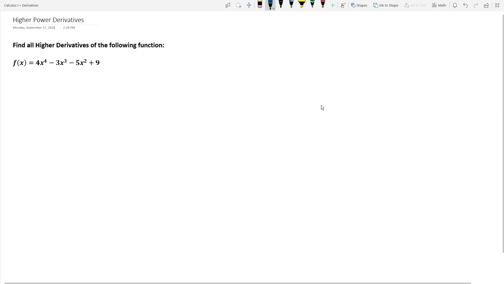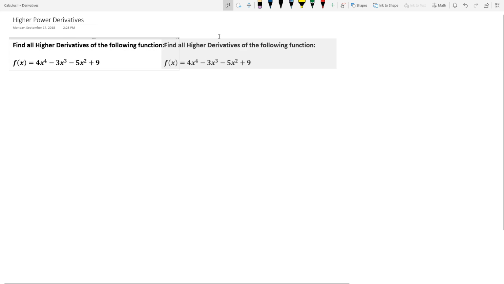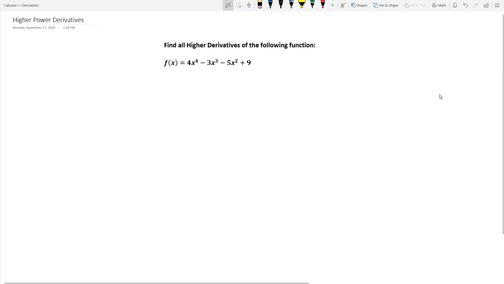Let's go ahead and do that. So for this one, I'll move this over, make this a little easier. All right, so for this one, I'm simply going to write it as the derivative d with respect to x for f of x.